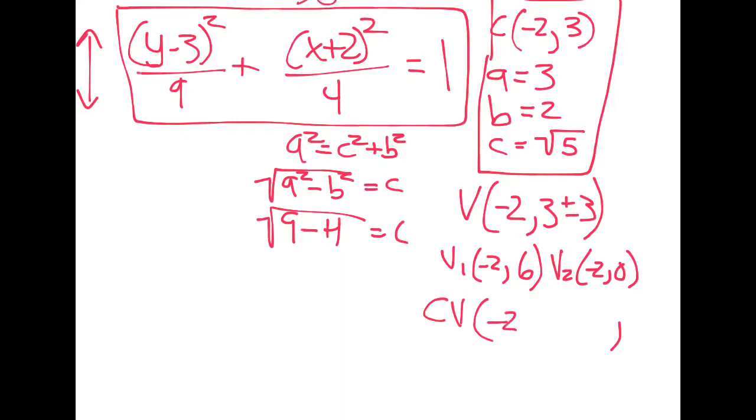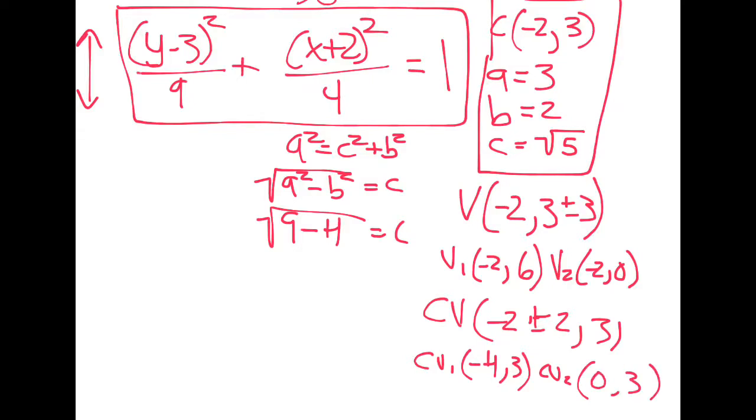So it will be -2 plus or minus my b value, which is 2, comma, the y value of the center, which was 3, which means I have a co-vertex at the point -2 minus 2, which is -4, comma, y value is 3. And I have a second co-vertex at the point -2 plus 2, which is 0, comma, the same y value, 3.